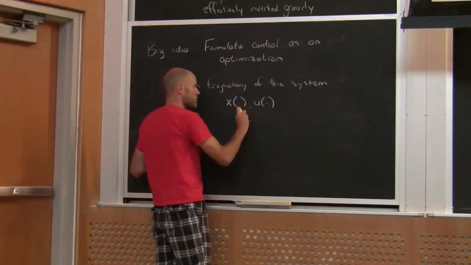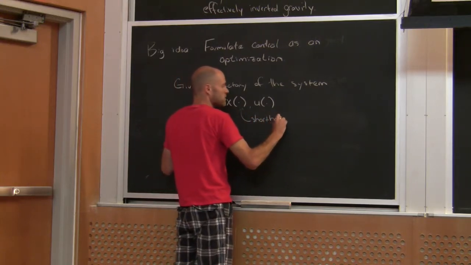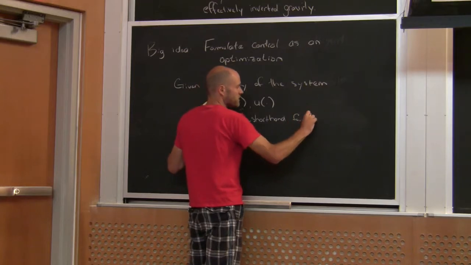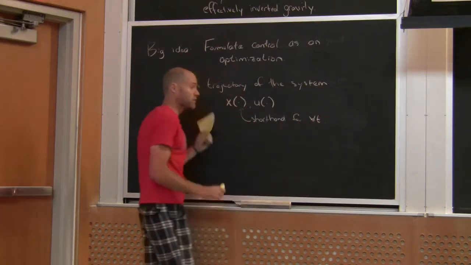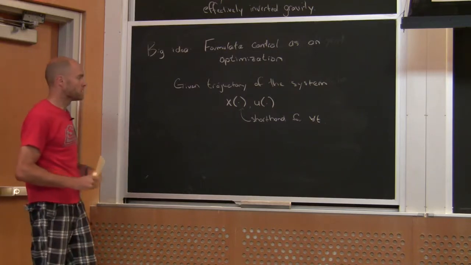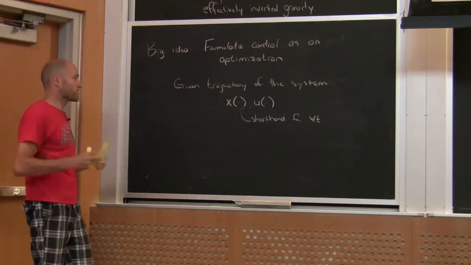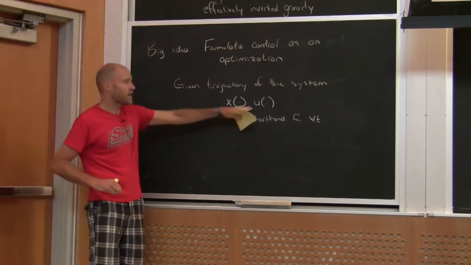This is shorthand that I'll use for something like for all time. And that could be over a finite trajectory or an infinite horizon, depending on the problem. But this just means for all time, right? So I want some trajectory of the system, defined x, u.